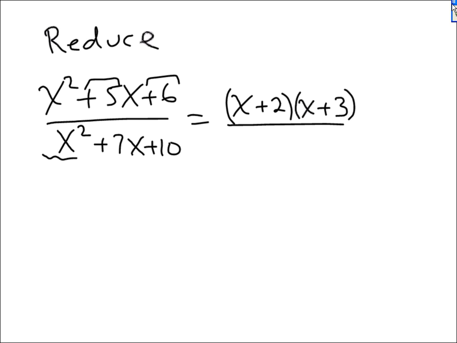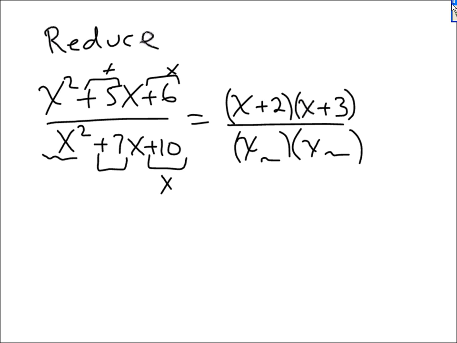Again, since there's an x squared, it'll be x followed by a number, times x followed by a number. The two numbers should multiply out to the constant, 10, and add up to the number in front of x. Two numbers that multiply out to 10 and add up to 7 are positive 5 and positive 2.